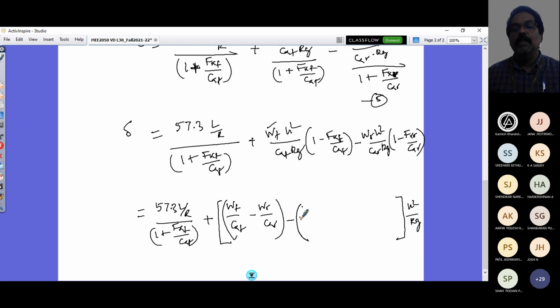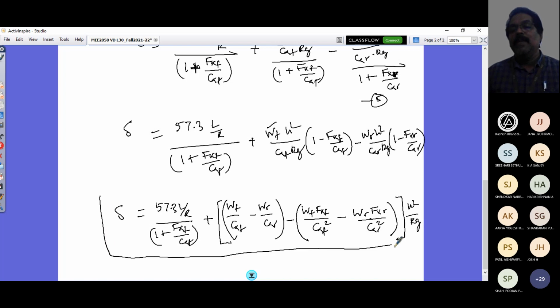And this term is going to be WF FXF by C alpha F square, this C alpha F, C alpha F. And minus here, that is WR FXR by C alpha R square into this. So now you look at this equation.